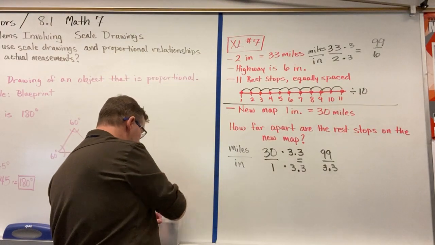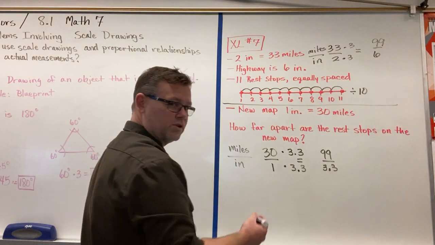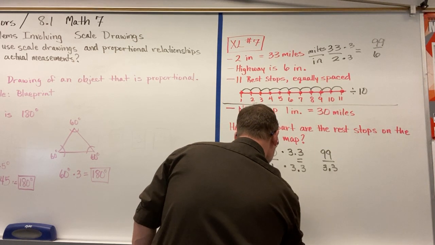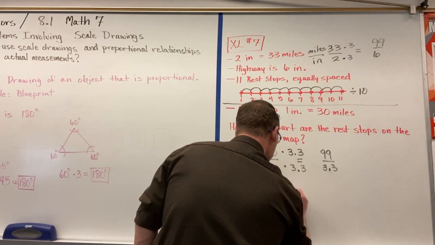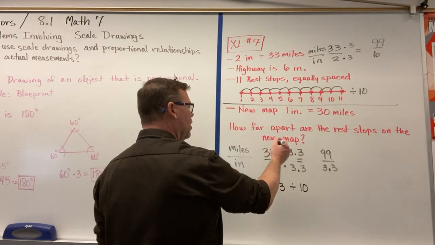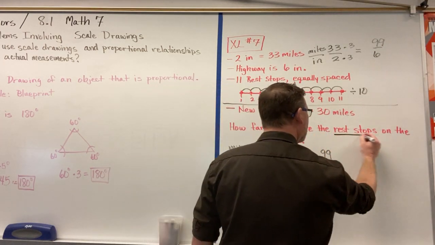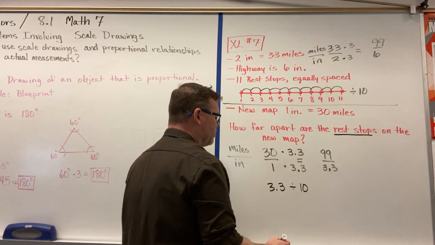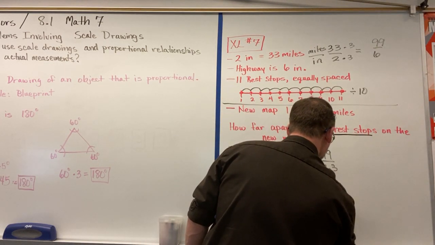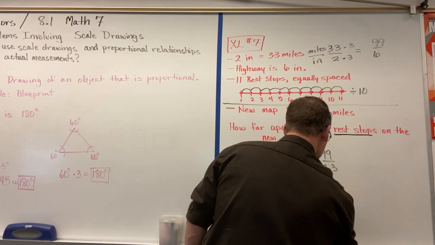Okay? Then what we do, told you this one was complicated, huh? Is we divide the 3.3 by 10, because they want to know how far apart the rest stops are on the new map. So when I divide that by 10, I get 0 and 33 hundredths.